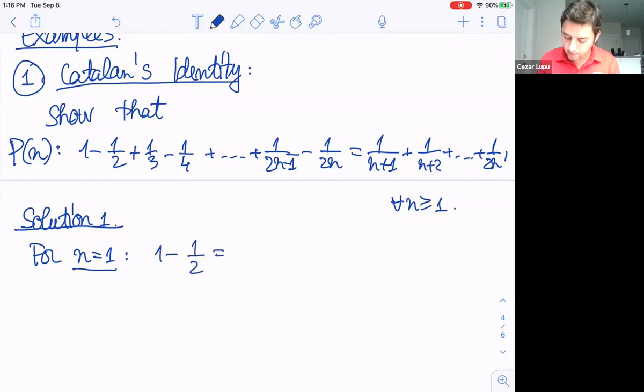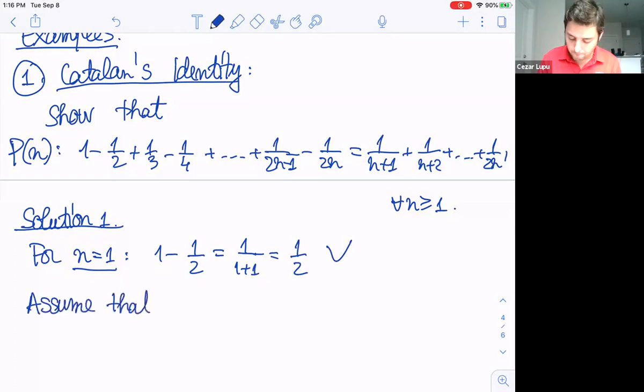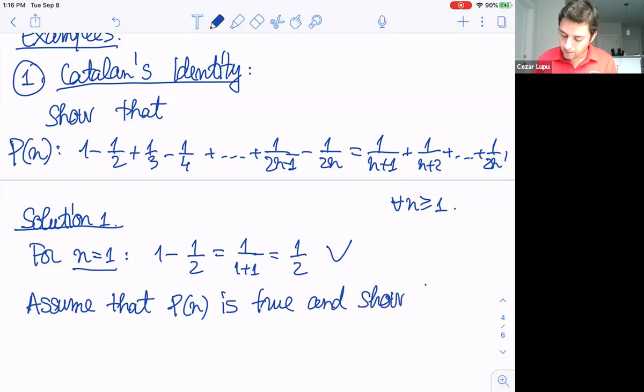And on the right-hand side, I have 1 over 1 plus 1, which is 1/2. Well, 1 minus 1/2 is 1/2, which indeed is true. Now, we assume that P of n is true, and we show that P of n plus 1 is true.